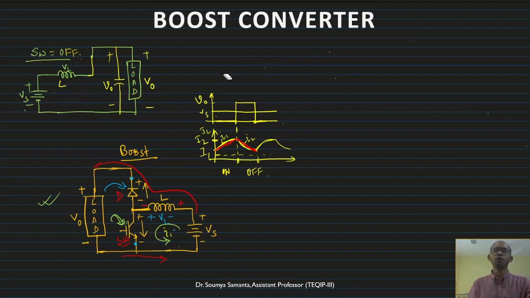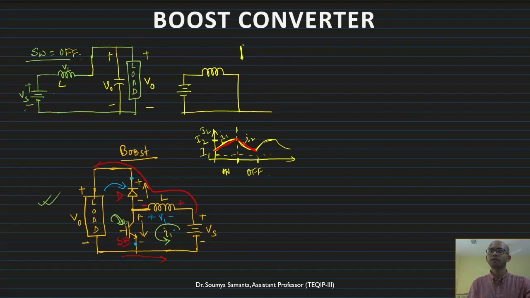So this is for mode 2, and what will happen in the case of mode 1? Now if I remove this, this figure is not needed now. We are going to establish the input-output relationship in terms of the duty cycle, that is T on by T. If I draw it here, first let us take the input voltage, inductor, and then this will be short circuited, and this part open.